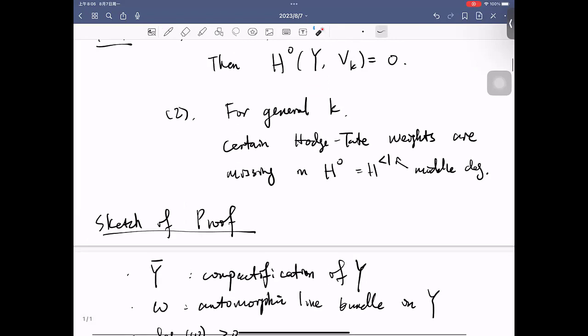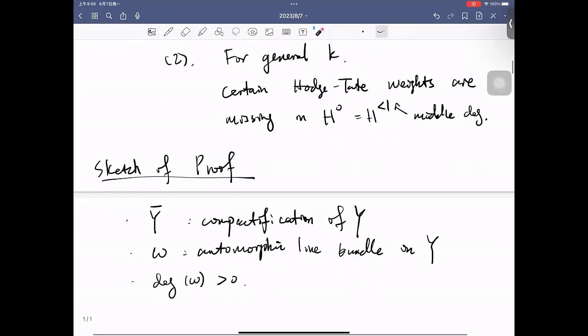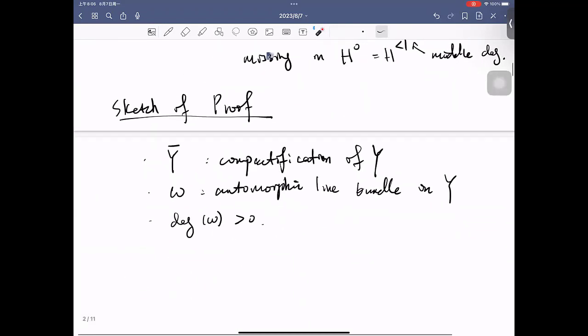Okay. And now to prove this vanishing theorem, we need some way to express this singular cohomology in terms of things more related to this omega.